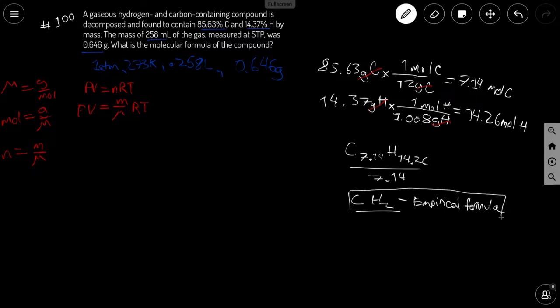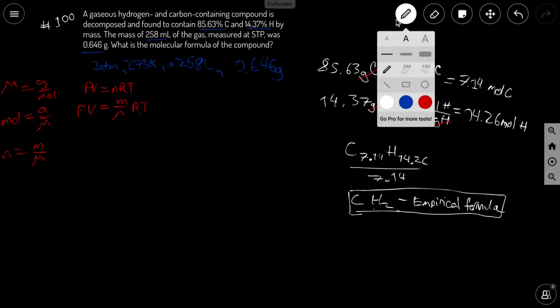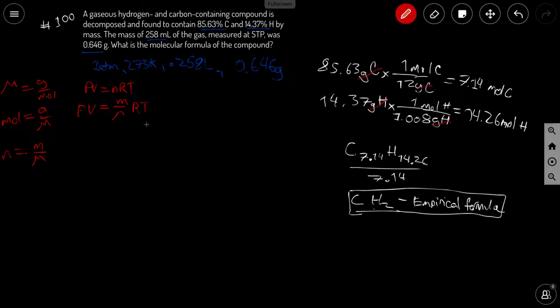Okay, so to find the molecular formula, we're going to be multiplying our empirical formula by a number, and that will give us the molecular formula. But to find that number, we're going to need to use PV equals nRT. So let's go ahead and plug in our values. Pressure is going to be 1 atm since at STP, pressure is 1 atm.